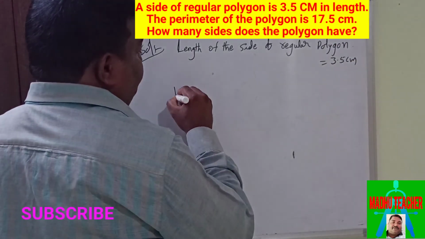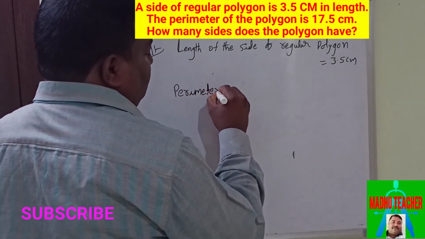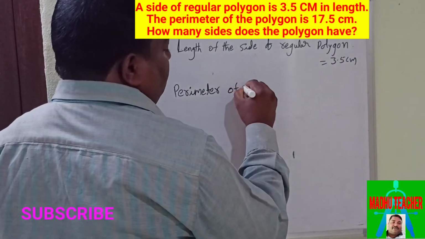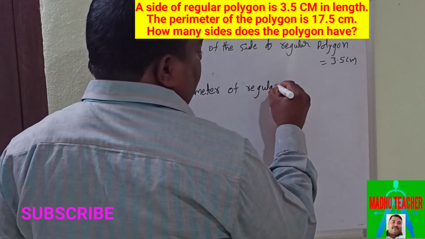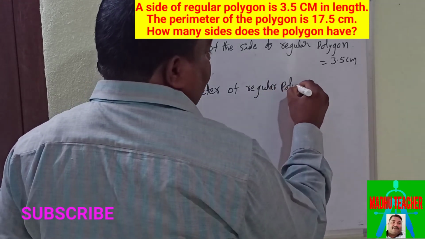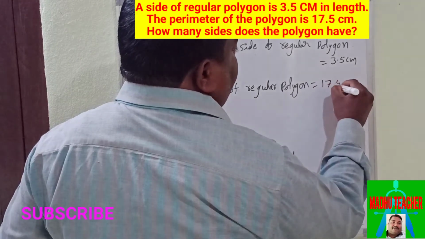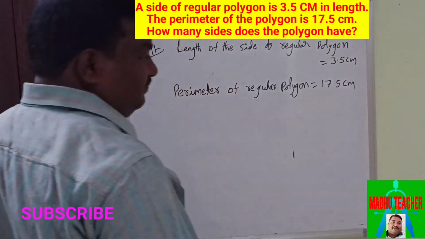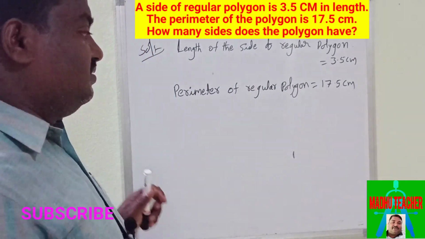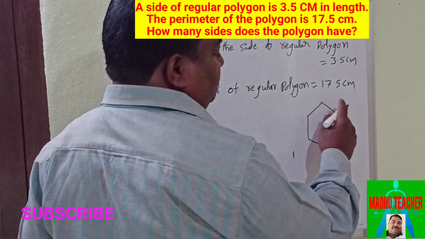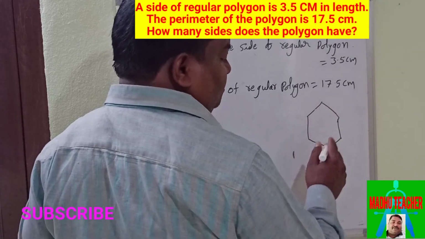Perimeter of regular polygon equals 17.5 centimeter. What you have to find? Number of sides. So here suppose it is a regular polygon with 1 2 3 4 5 6 sides.